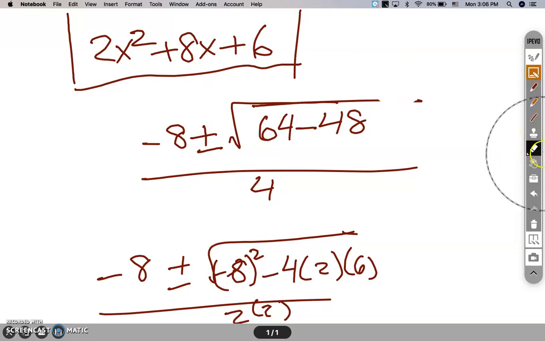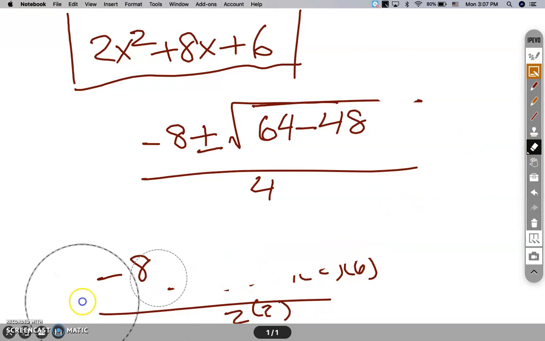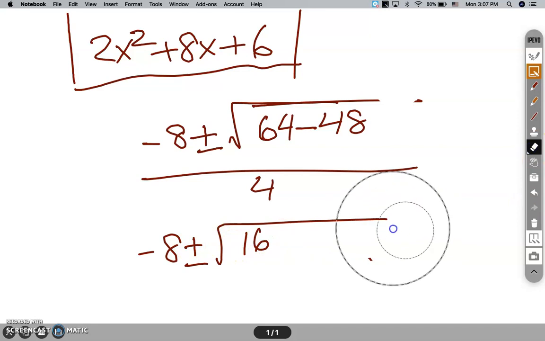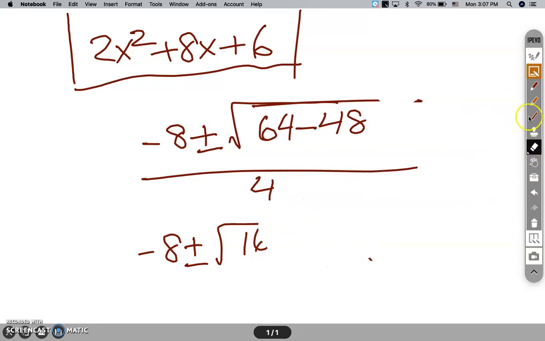Now what we're going to do is keep simplifying this even further. So I get minus 8 plus or minus the square root of 16, divided by 4.